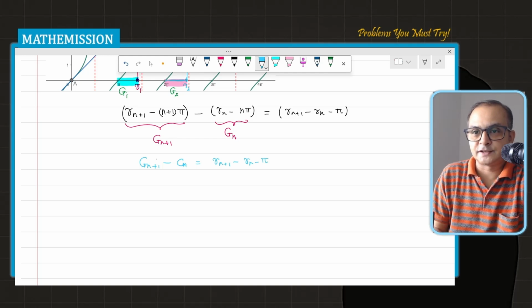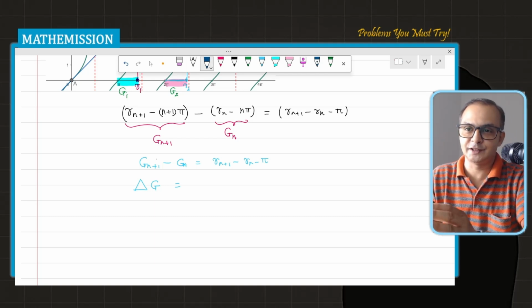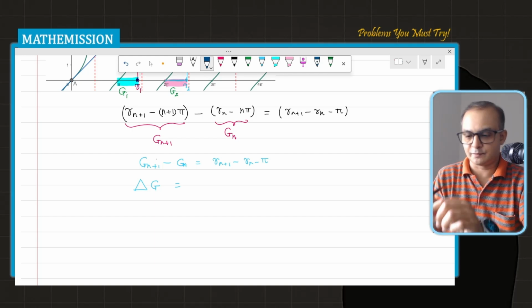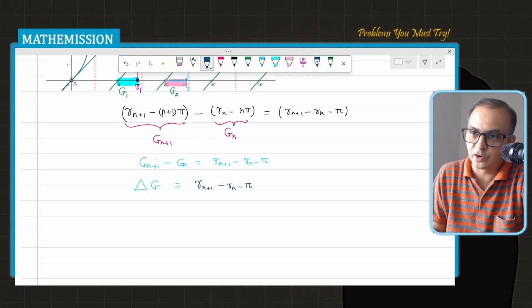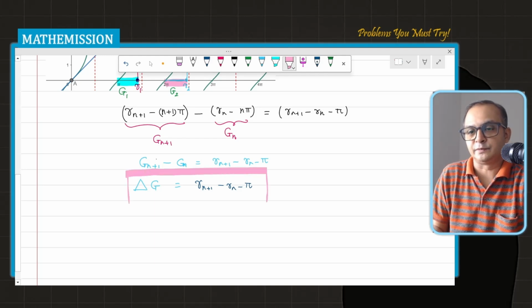Let's call this gn plus 1 minus gn as delta g, means the difference between the gaps. It is actually the gaps of the gaps, maybe we can say. We can understand it as a difference between the two consecutive gaps. So the difference between the two consecutive gaps is our expression concerned, and that I have to prove something for.